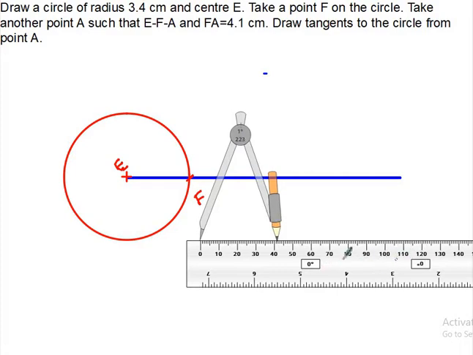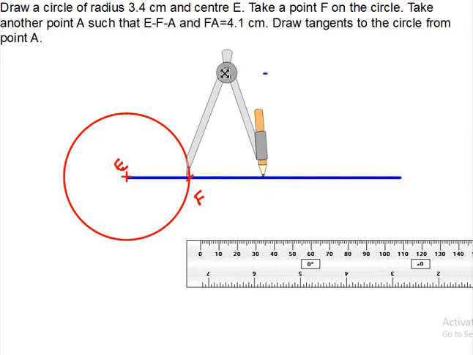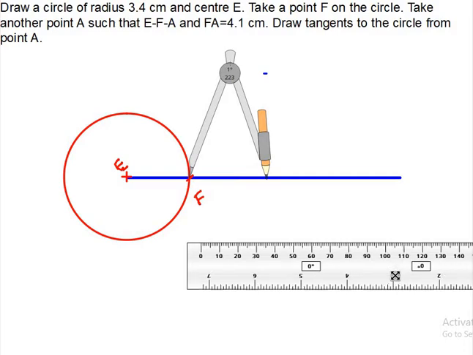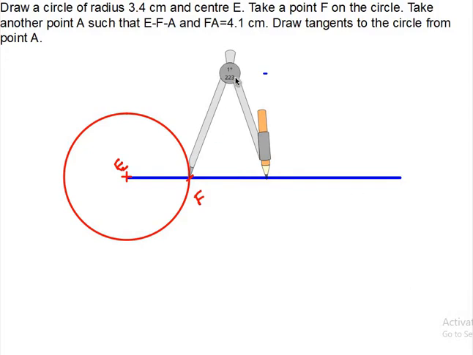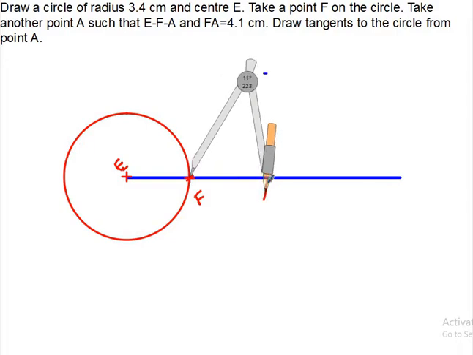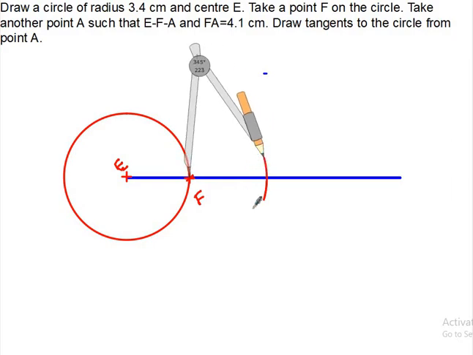Distance 4.1 centimeters you have here. Now keep it here on point F, and then we make a mark here. This is your point A.